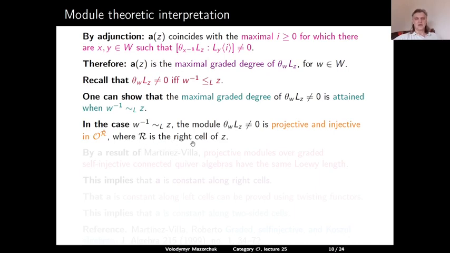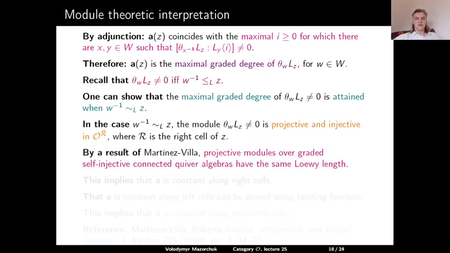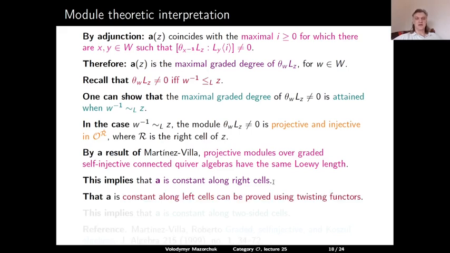So here R is the right cell of z. Then there is a general result by Martinez-Villa, which shows that projective modules over graded self-injective connected quiver algebras have the same Loewy lengths. And this and the previous description implies that A must be constant along right cells.